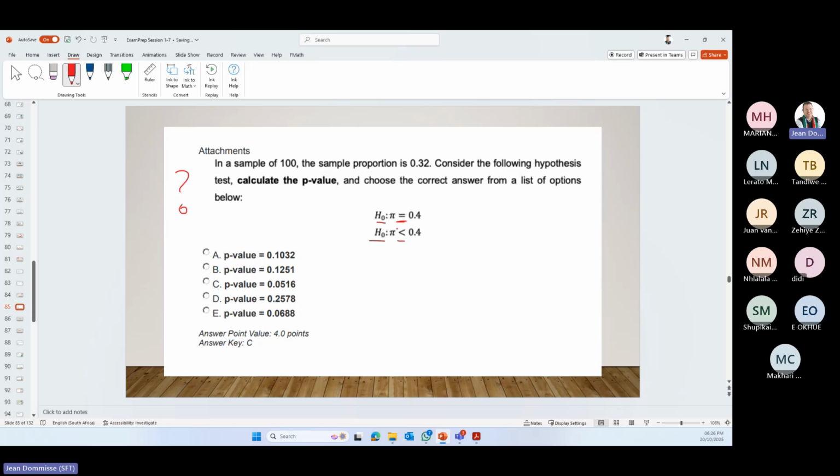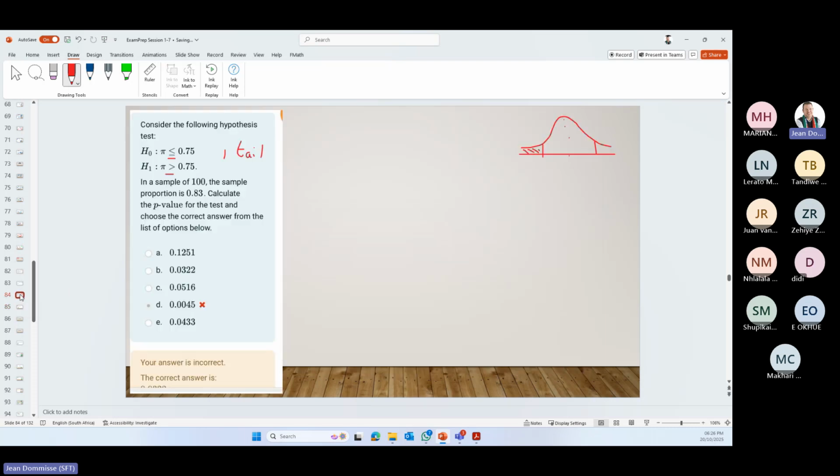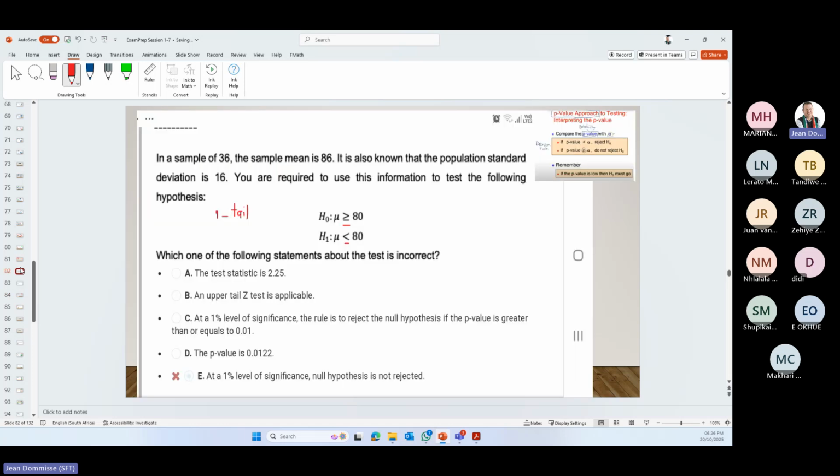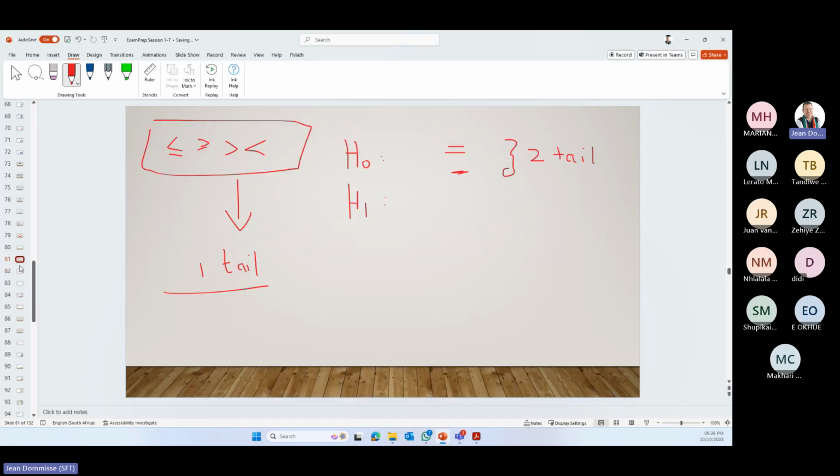If this was question 12, it's open book, so you can write down after the exam, let me know, Jean, question 12, I think there was an error, so that we let the lecturer know before it even goes into the marking system.